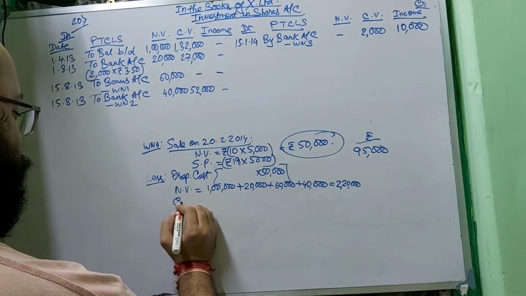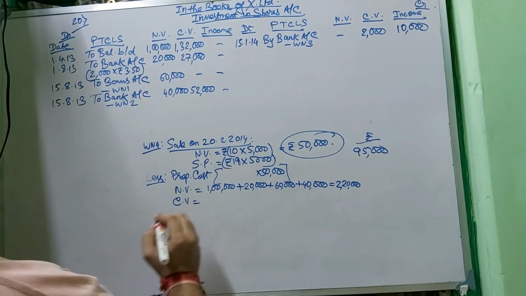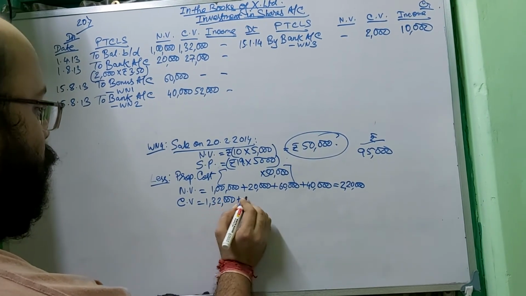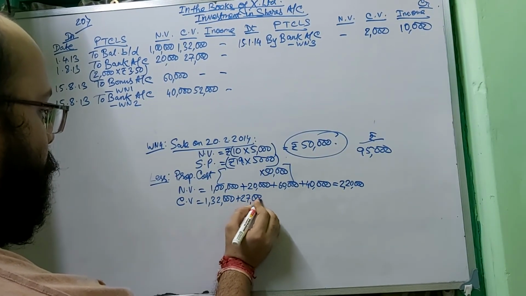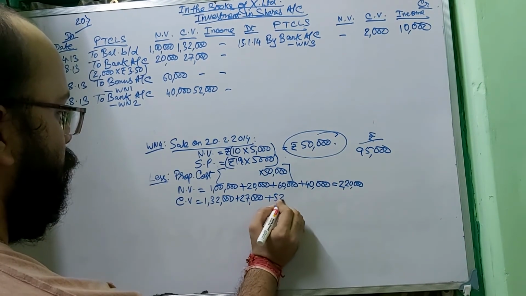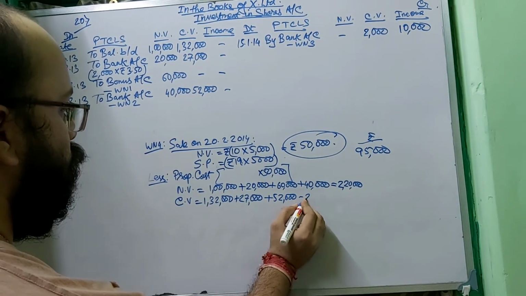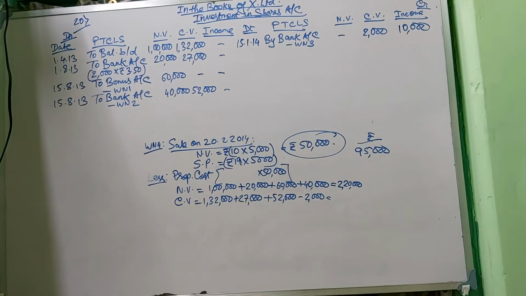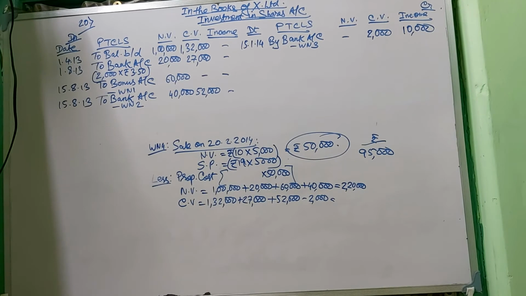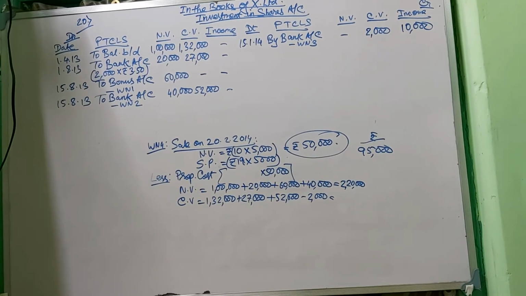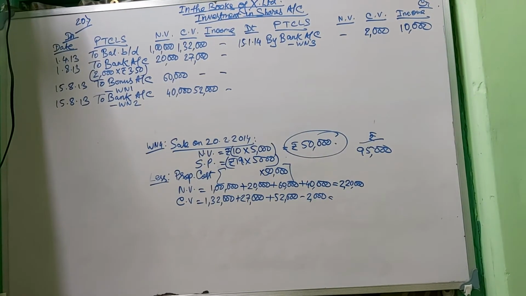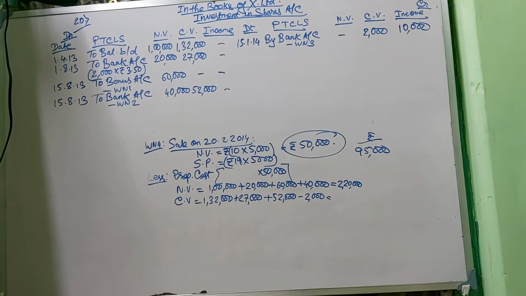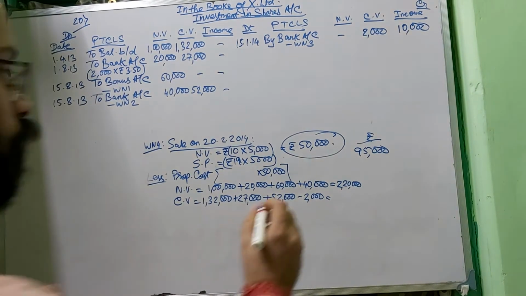And the cost value or capital value is basically 1,32,000 plus 27,000 plus 52,000 minus 2,000. So 1,32,000 plus 52, it is coming 1,84,000 plus 27, 2,11,000 minus 2 means 2,09,000.